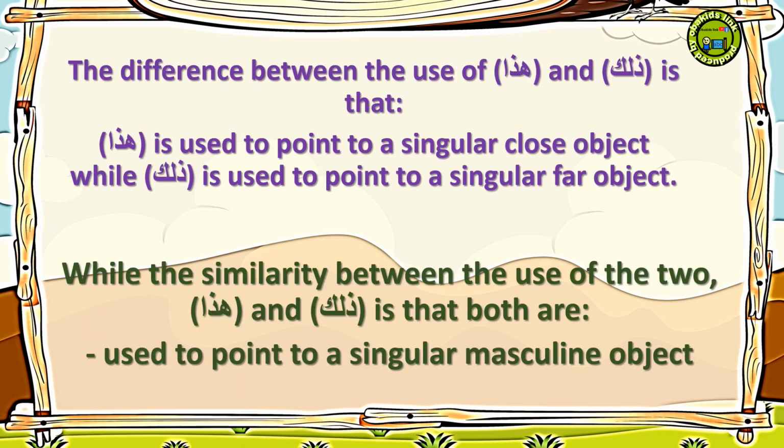The difference between the use of Haza and Zalika is that Haza is used to point to a singular close object, while Zalika is used to point to a singular far object. But the similarity between the use of the two, Haza and Zalika, is that they both are used to point to a singular masculine object.